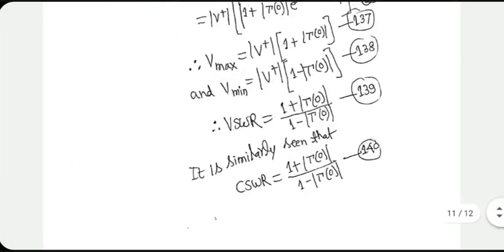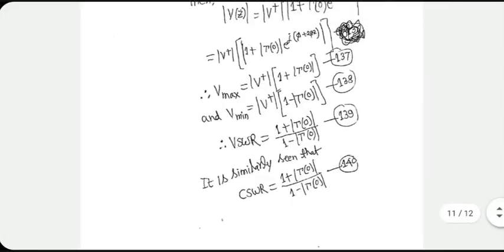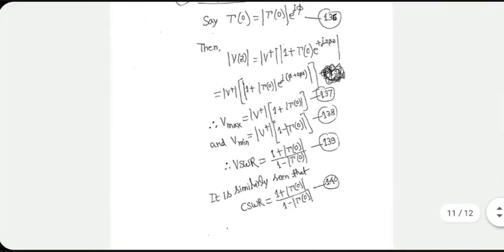So VSWR is now written by this equation. When tau was real, magnitude was not involved. You simply wrote tau 0. But in case of a complex tau, you take the magnitude of that tau to calculate VSWR. I've seen mistakes made in exams. People take the actual complex value of tau and then come up with a complex answer for VSWR.